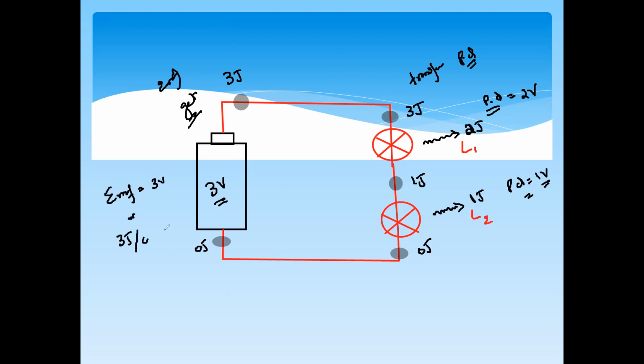The similarity between EMF and the potential difference is that both refer to joules per coulomb, or we can also say volts.